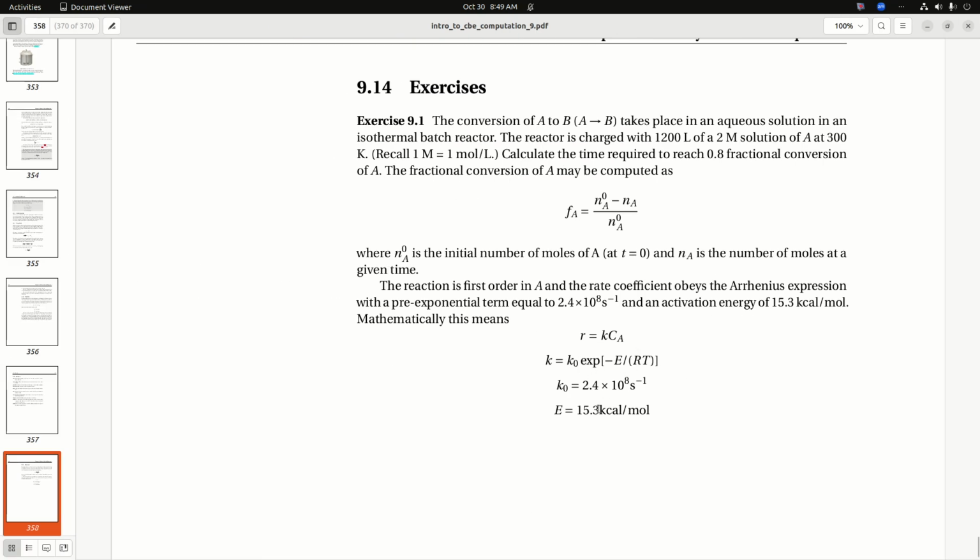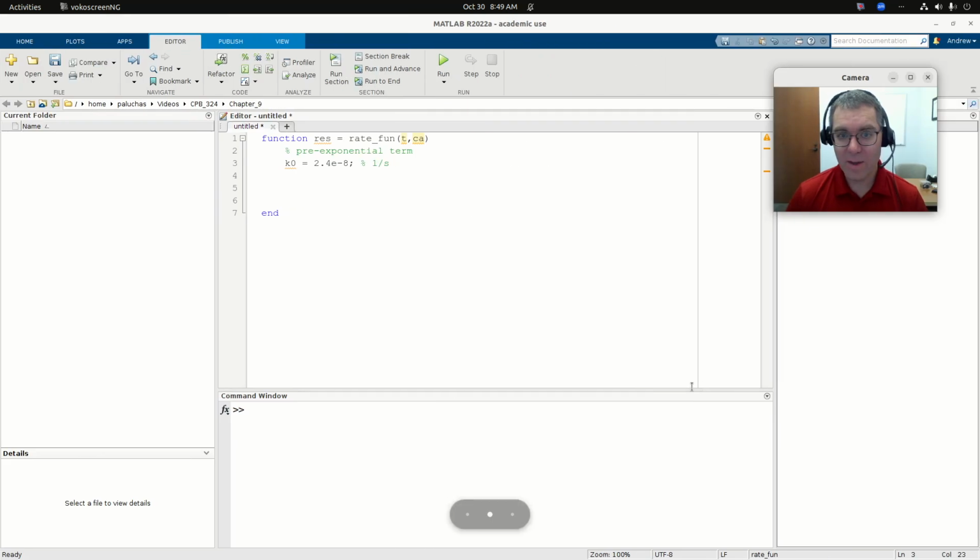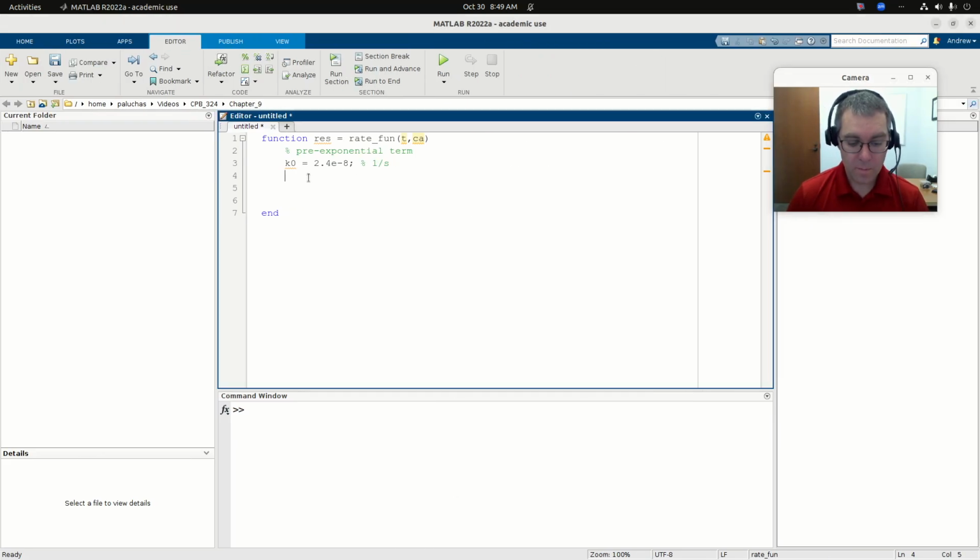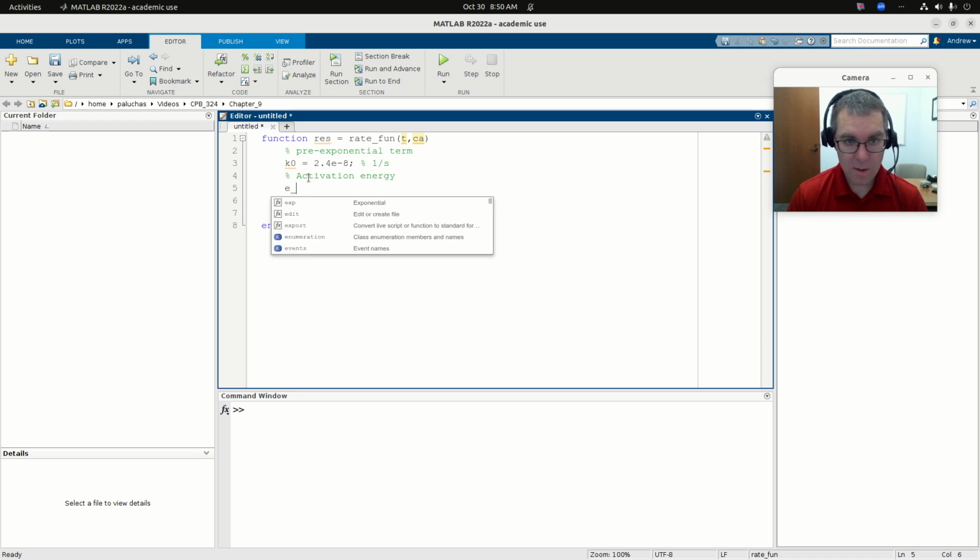My activation energy E is 15.3 kcals per mole.